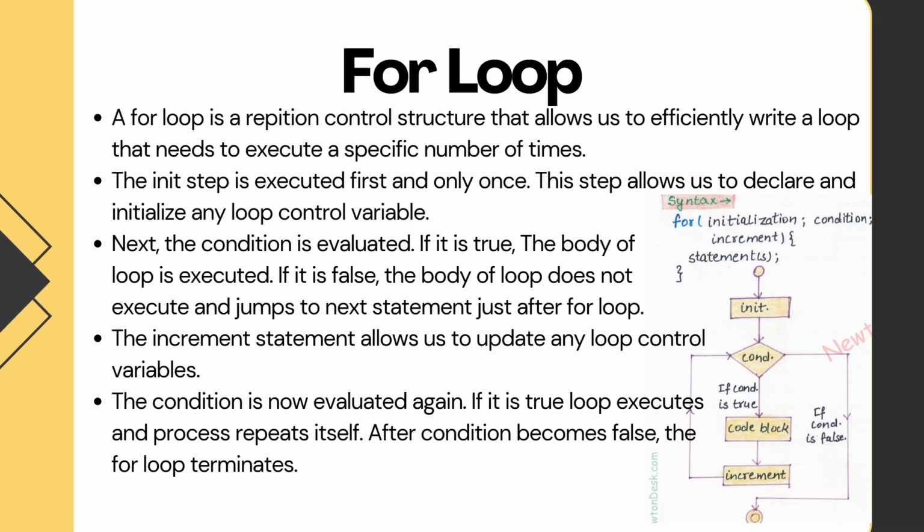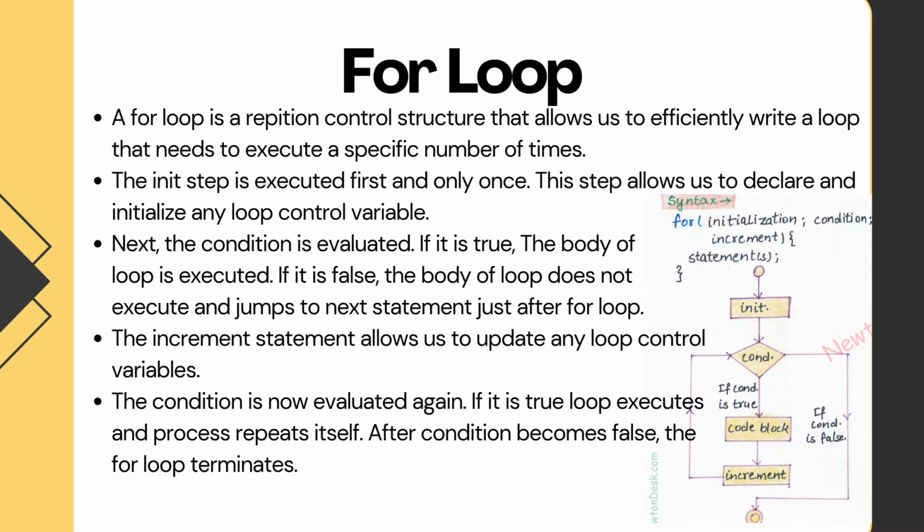For, then in brackets, initialization, semicolon, condition, semicolon, increment, and the statement that needs to be executed is written, and then we exit the for loop. The flowchart is given: input, then we write the init statement, then the condition is checked.